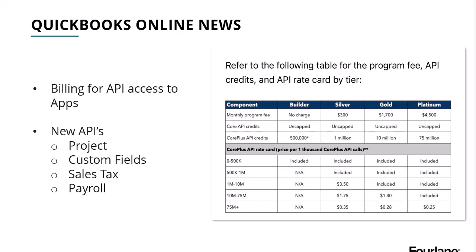This is not something new. Most software has some kind of API call charge. And so it could cause some of the third-party application pricing to go up. It doesn't look like it's that significant of a price yet, but we will see. This just was launched a couple weeks ago, so we'll see.